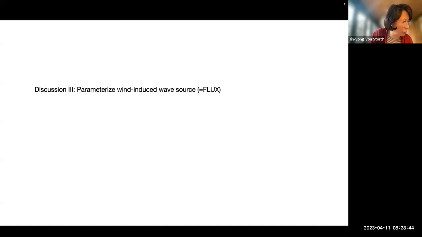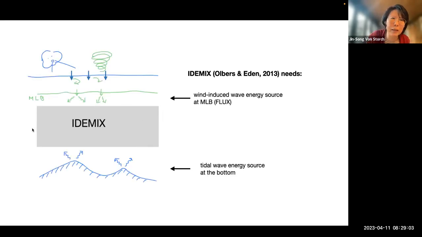And one issue which we think is important is that, at the end, we want to parameterize the wind-induced wave source. This is this flux at the bottom of the mixed layer. And to return to my idealized picture at the beginning, what we want is to describe the mixing in the interior.